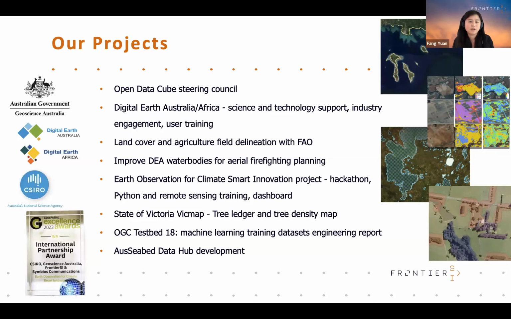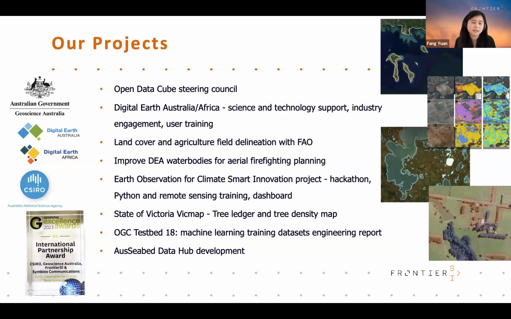And we also work on a few other slightly different projects. For example, we developed a tree ledger and tree density mapping for the entire state of Victoria for Victoria government. And as part of that, then developing a method for them to continue to produce that data set from time to time using high resolution aerial imagery.